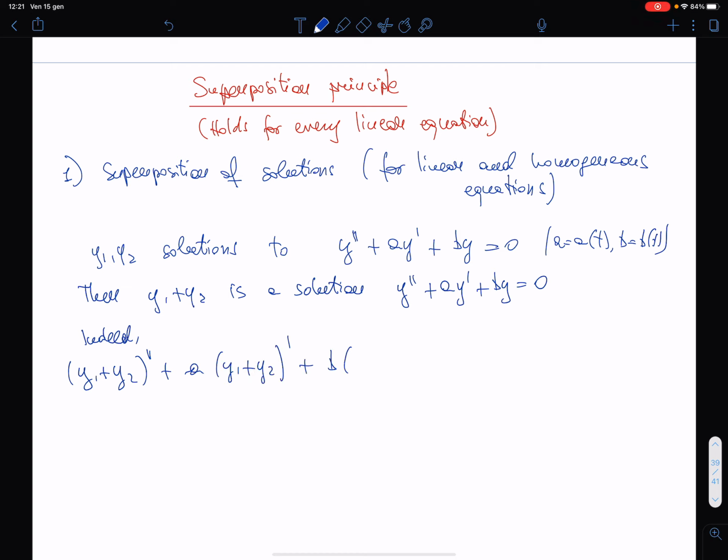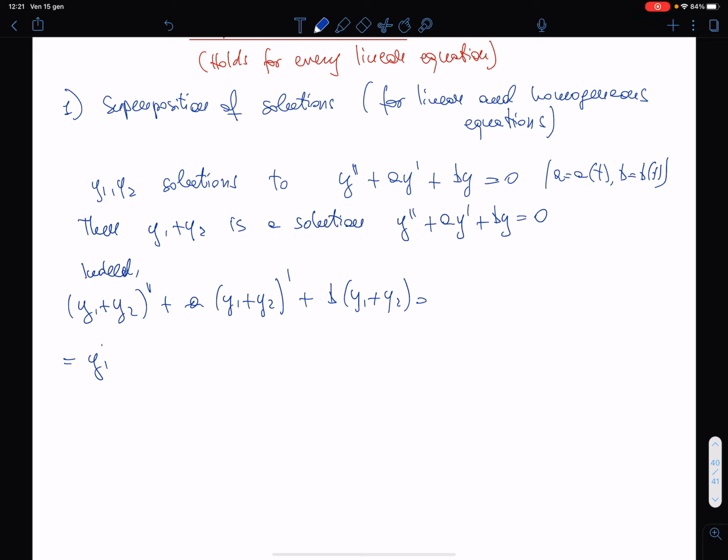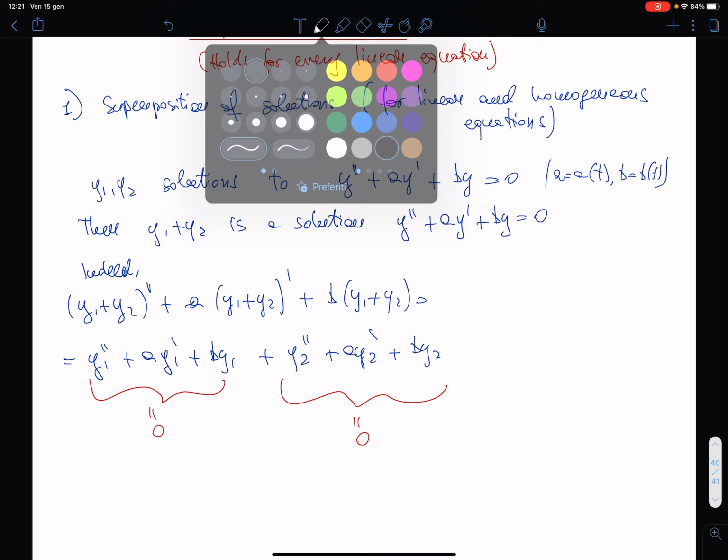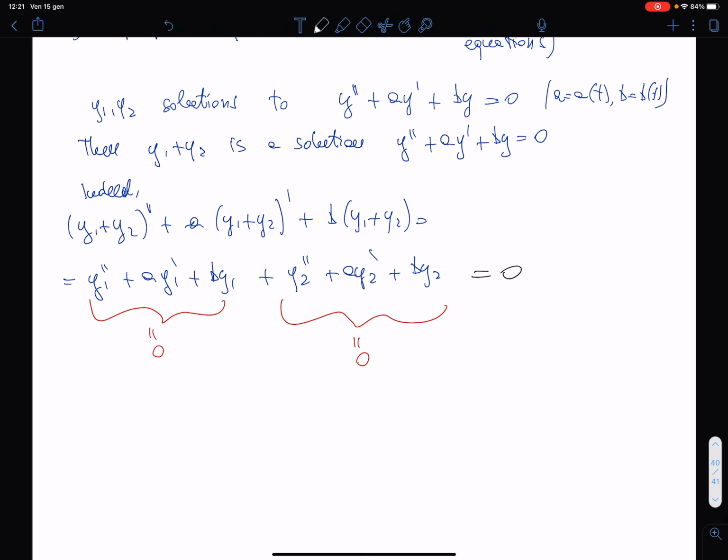Then exploit the property of derivatives, and the sum amounts to y1 second plus a y1 prime plus b y1 from one side, plus y2 second plus a y2 prime plus b y2, and this is equal to 0 here and to 0 here, because the two are solutions, so this is equal to 0.